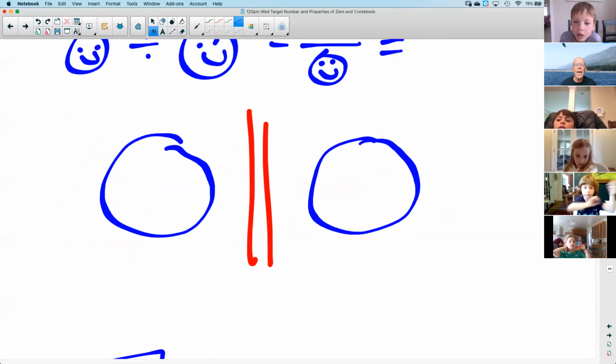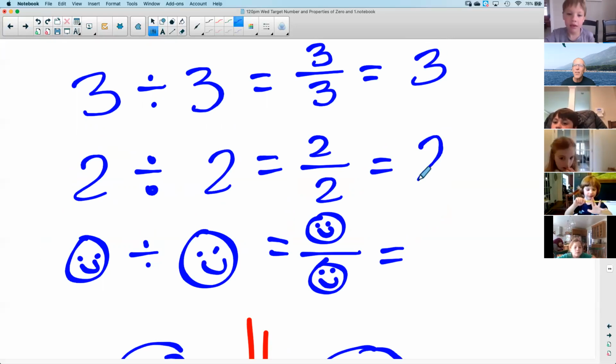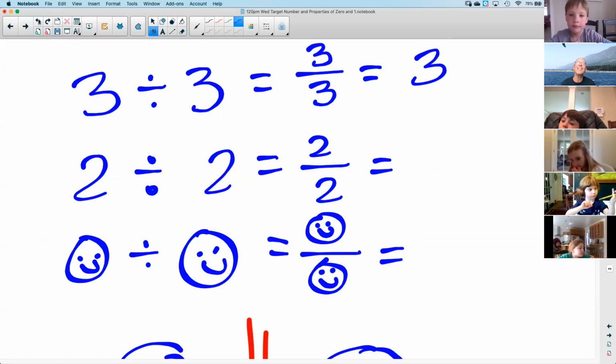So if you take any number and divide it by itself, are you ready? Andrew divided by Andrew is Andrew. Victoria divided by Victoria is Victoria. Is that right? No, we said that if you divide anything by itself, it would be 1. So Andrew divided by Andrew is 1.